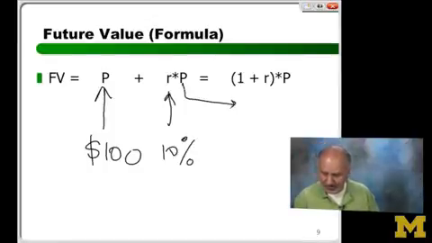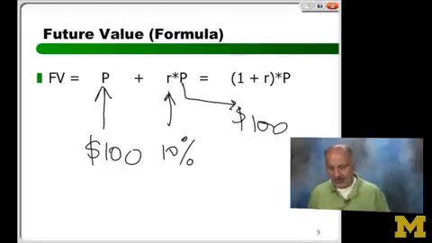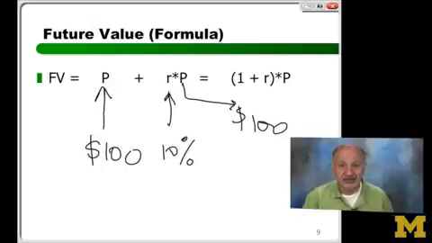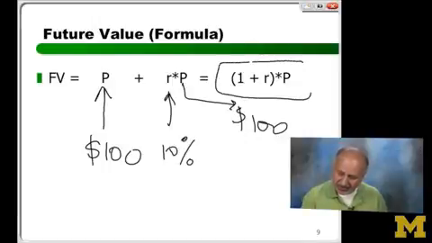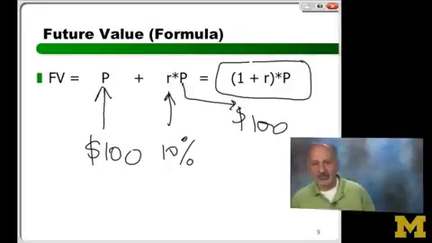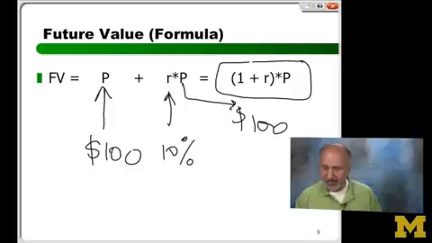Is on the P of $100. So I know that 10% of $100 is a fraction, 1/10, and this will be $10. But the way we write it, which is very straightforward, is we take P out of the picture. So the P is common to the first one, therefore the 1, and RP, R times P.